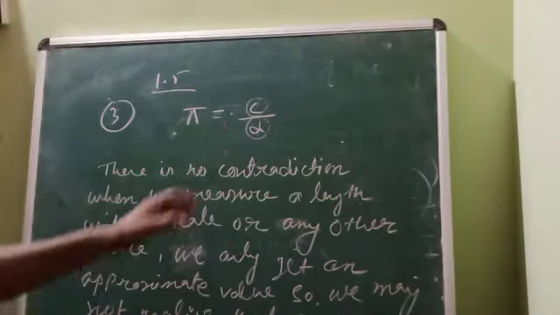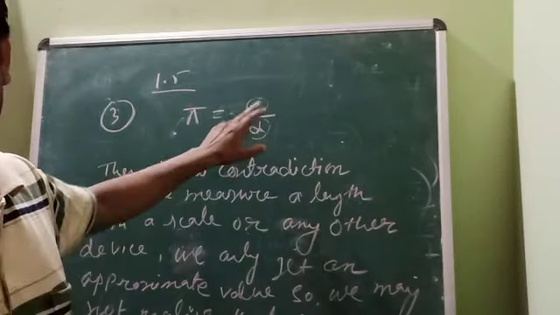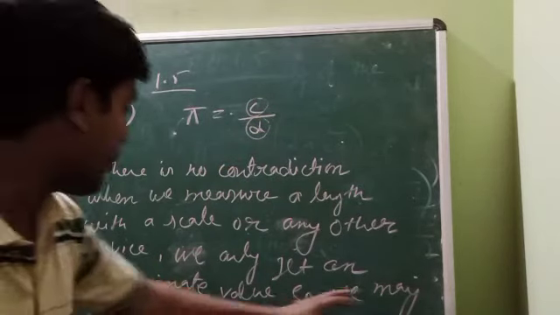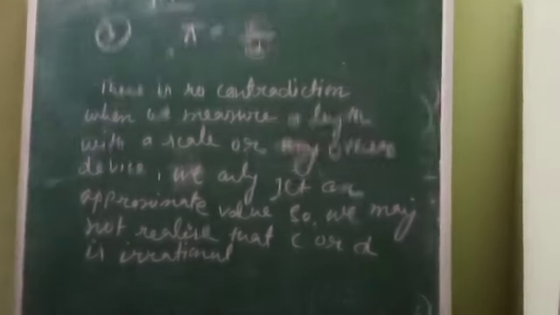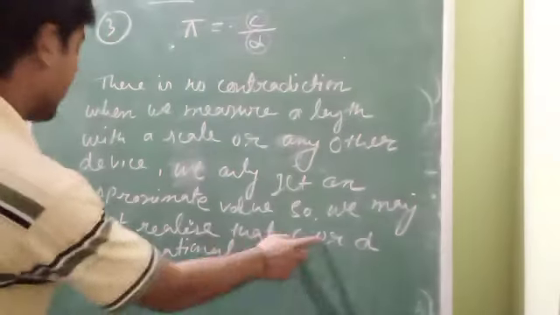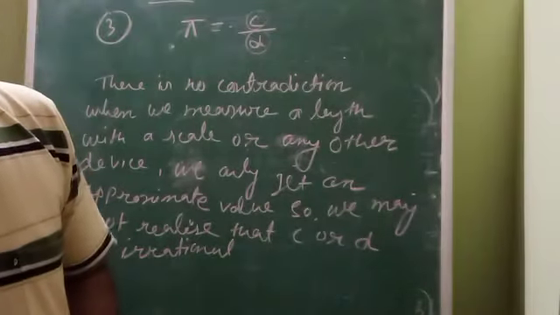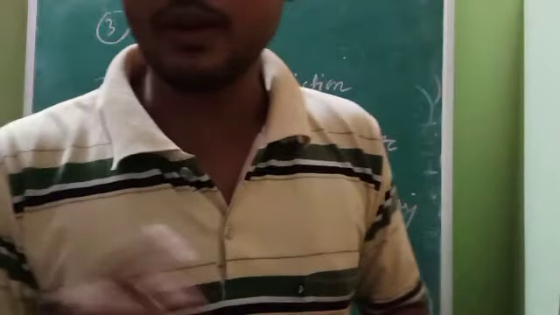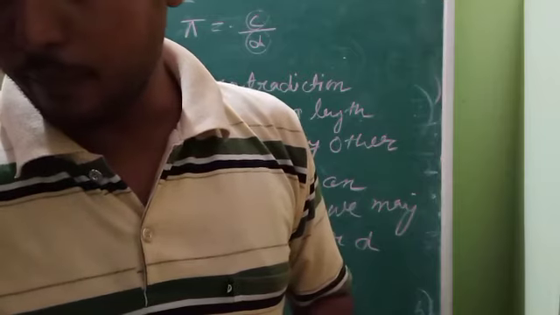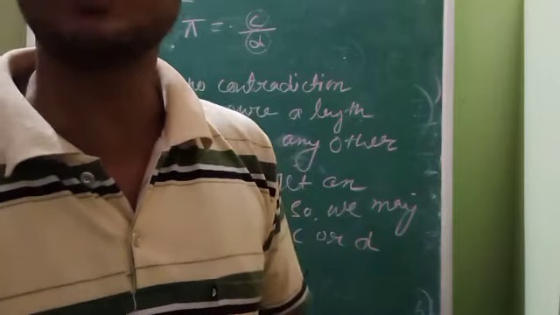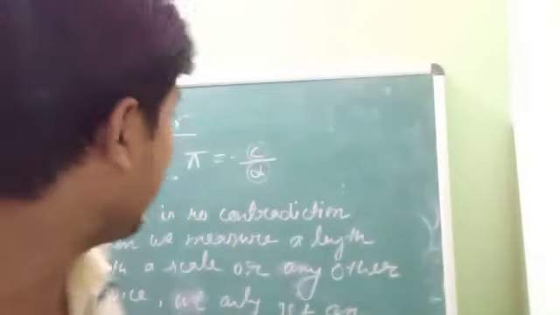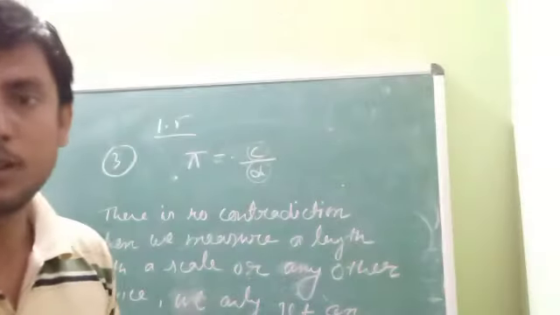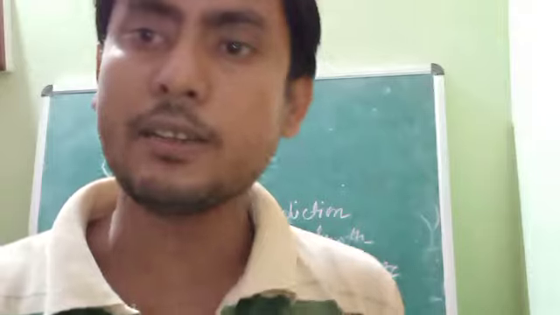That is why we can see C by D this way, but we will not get the exact value. And we never realize that either C or D is irrational. So you understood the contradiction?